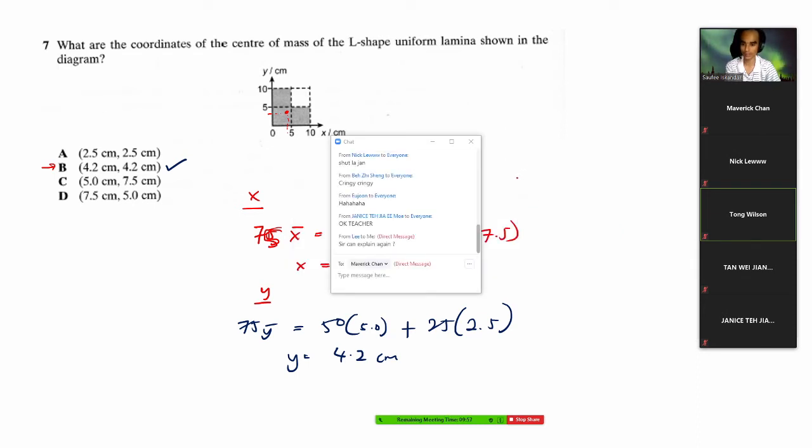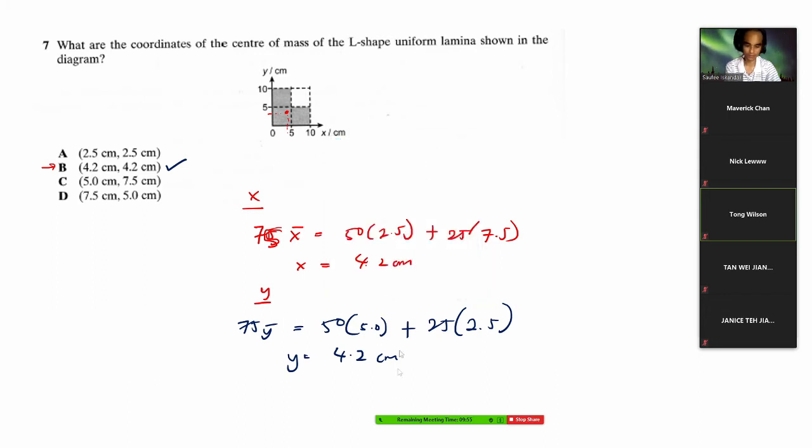Sir, can you explain again? Okay, Lee is asking me to explain again. So for x, we have 75, because the whole thing is 100 minus this white square 25, we have 75. When we view in the x direction, there will be this box first.